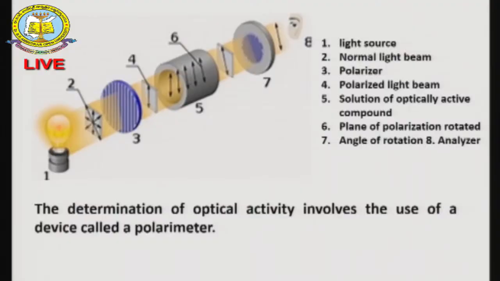How do you differentiate plane polarized light from normal light? Normal light is multi-directional light that emerges in multiple planes, and it is polychromatic.